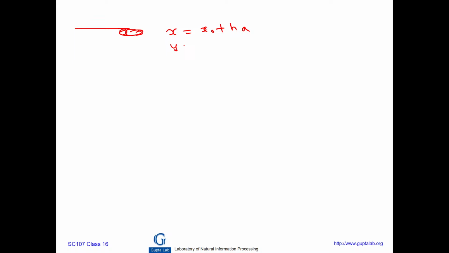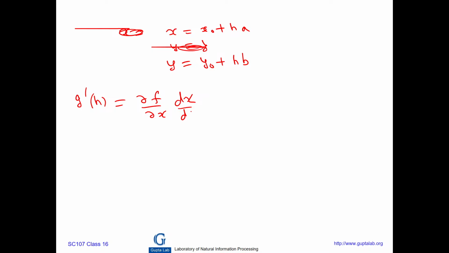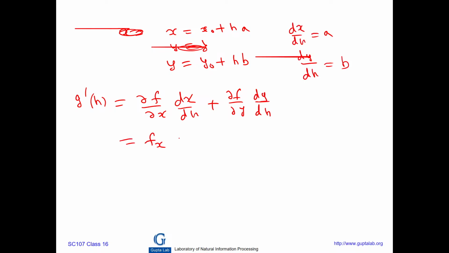So by chain rule, g dash of h is nothing but del f over del x dx over dh plus del f over del y dy over dh, which is nothing but f_x, and dx over dh is nothing but a, and dy over dh is nothing but b. So this whole thing is f_x times a plus f_y times b.